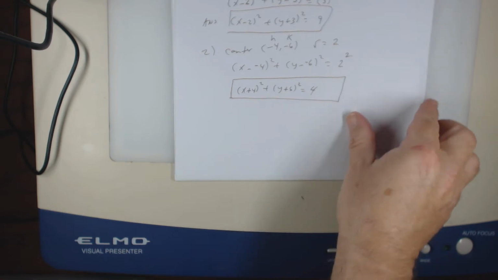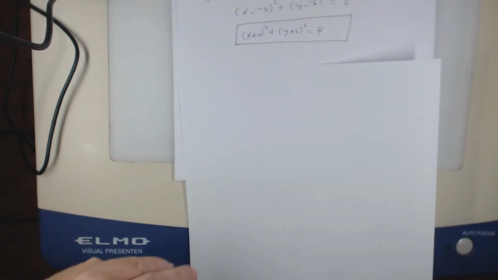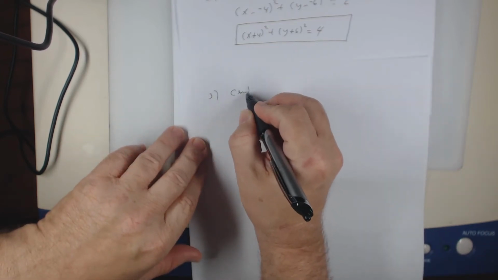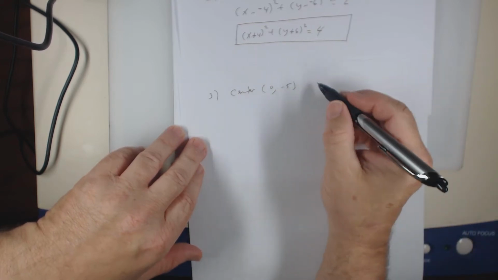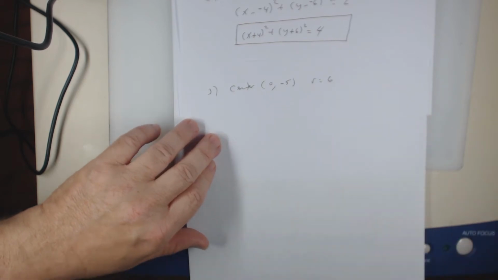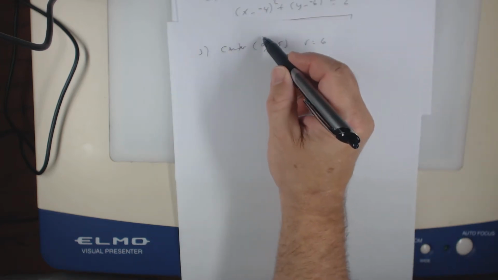All right, number 3. Suppose the center is 0, negative 5, and the radius is 6. What's h and what's k?